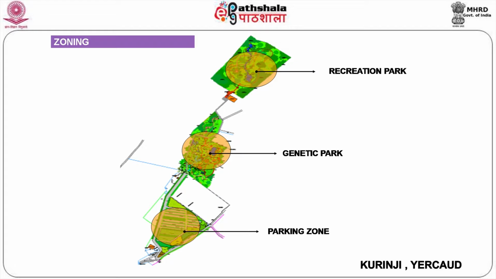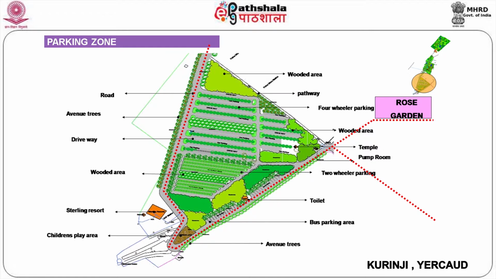Then you have the recreation park where people can use the place for recreation purposes. And the third one is the car parking area. Details of car parking, number of cars, all those things are given. This is mainly for the people to use the space, which is very important. Then people go to the rose garden, which is the older area, and you have different classifications of this particular garden.